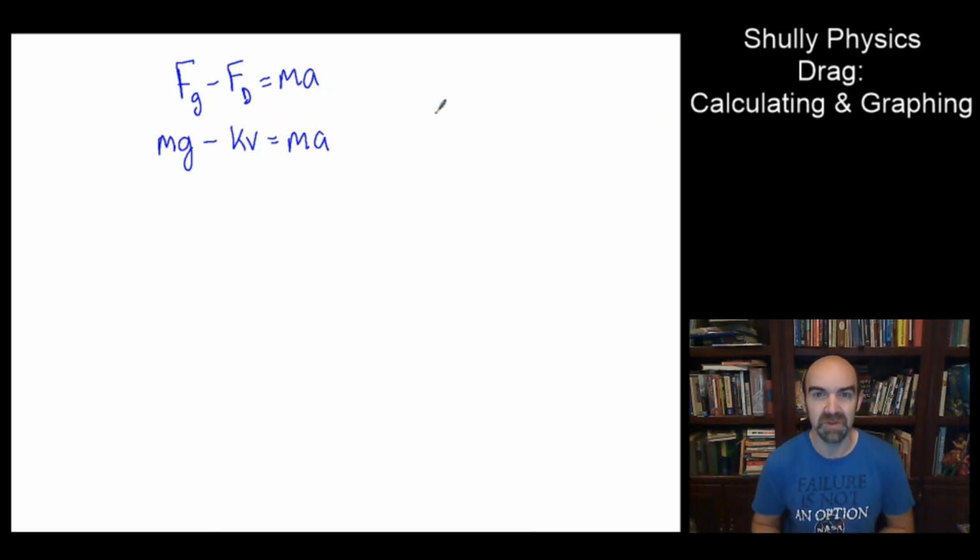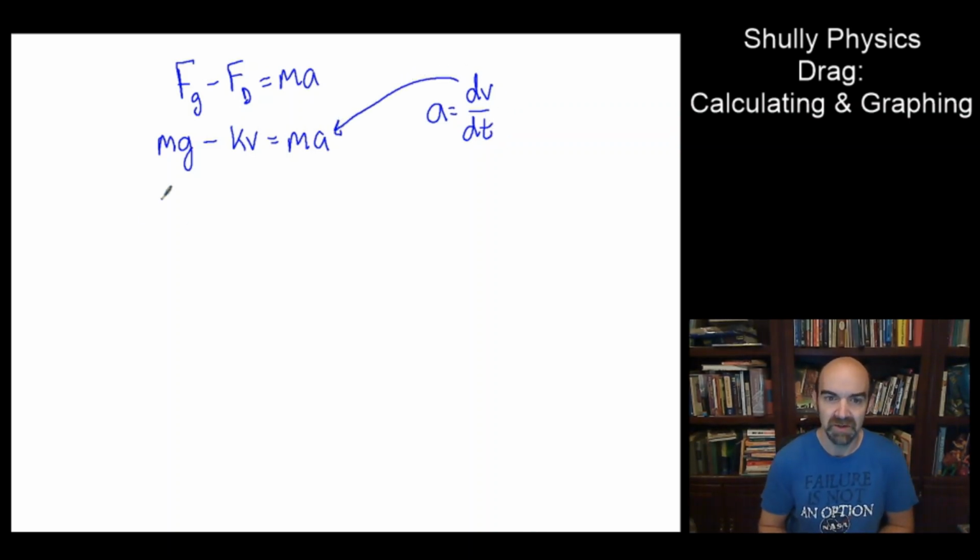And the way you can really make this more evident is recalling that instantaneous acceleration is the rate of change of velocity at any given instant. So now if we substitute that in there, we get a differential equation, diffeq, if you ever heard that term, m dv/dt. And here we see the velocity, but also a rate of change in velocity.